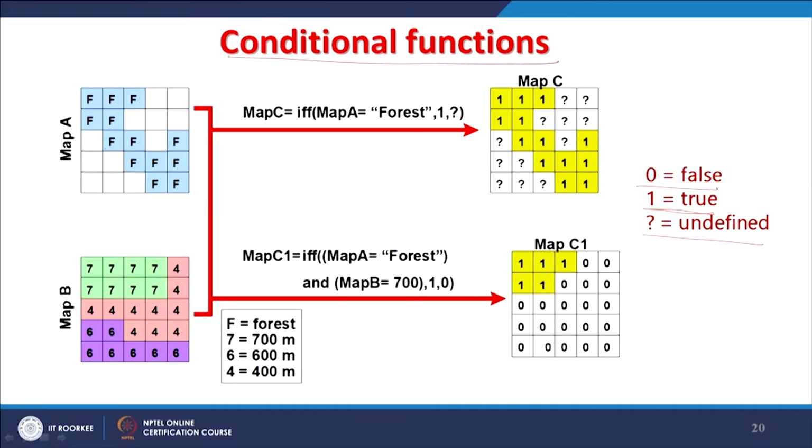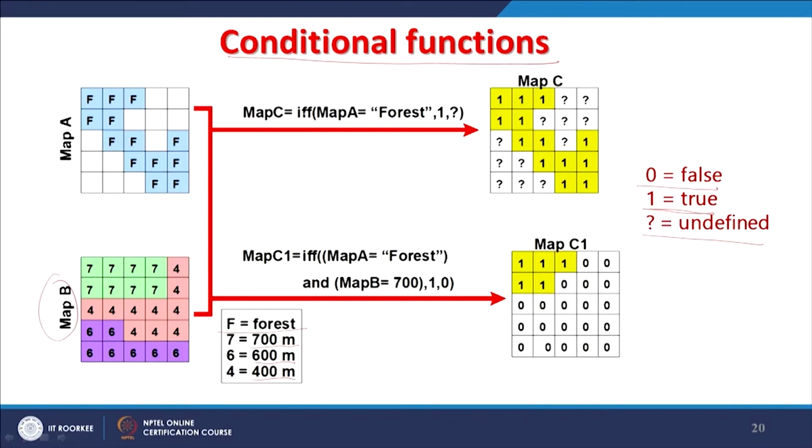So, in map A we have two classes, one is F, another one has no value or no data, unidentified. In map B we have just 3 classes, all forest, with different values given: 700 meter, 600 meter, 400 meter.